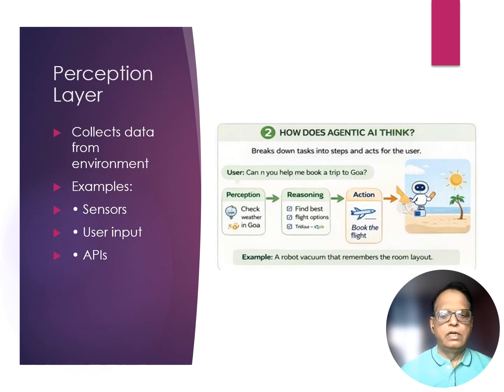Say, if you are planning a trip to Goa, it will check the weather in Goa, find the best flight options, select an appropriate flight and book it, and all of this will be done without any human intervention. Say, for example, a robot vacuum will remember the room layout, and accordingly the room will be cleaned.